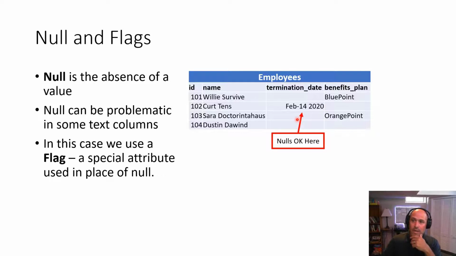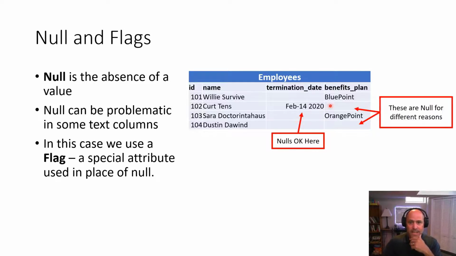And therefore, he does not have a benefit plan because he doesn't work there anymore. Now, this other gentleman down here, Dustin DeWind, he still works for the company. So why is his benefits plan null? Don't know. No reason.